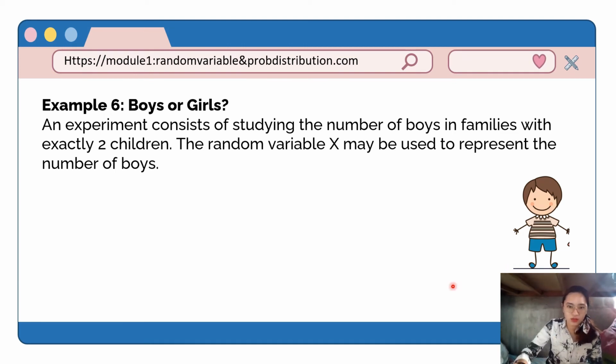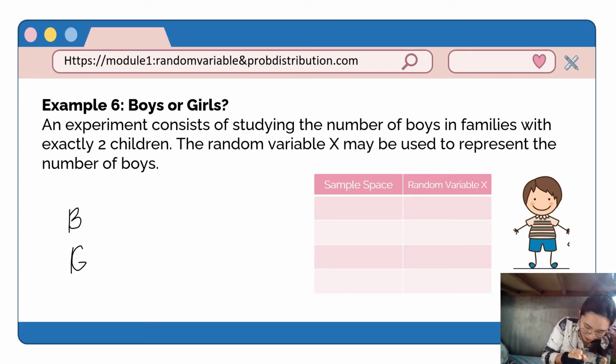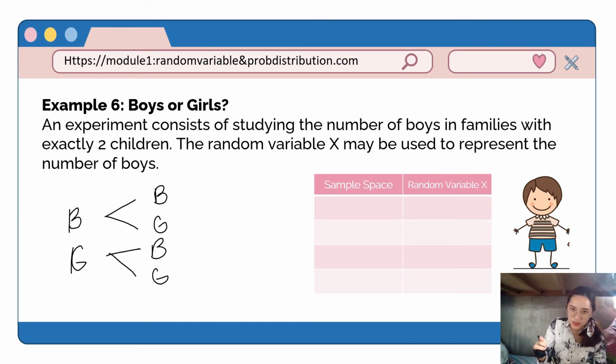So, let's use tree diagram ulit to identify all the possible values, possible outcomes of our sample space. Okay. So, unang anak, panganay nila, so possible na lalaki o babae. Let's say B and G na yan. So, sa pangalawang anak, siyempre, possible na babae, lalaki din. Okay. So, tingnan natin kung ano yung mga possible outcomes natin.